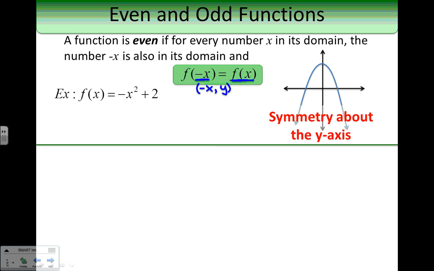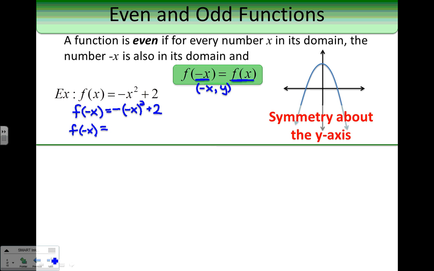Okay. So what I'm going to do here is input negative x into my function. Wherever there is an x, I'm now plugging in negative x, so that I get f of negative x.